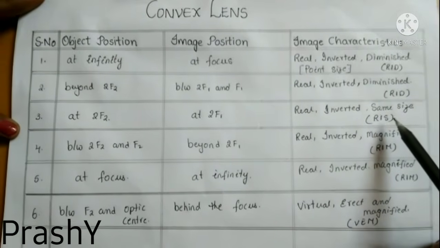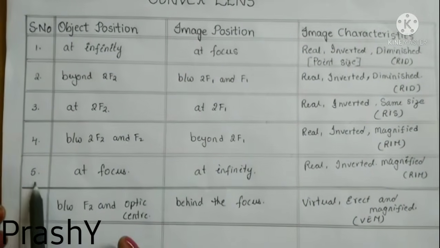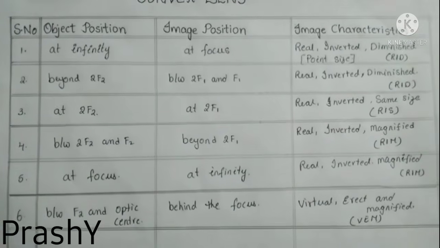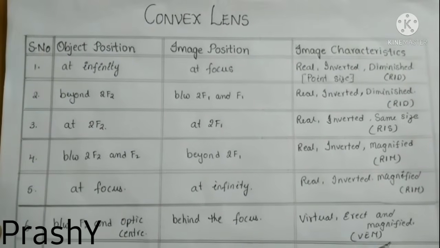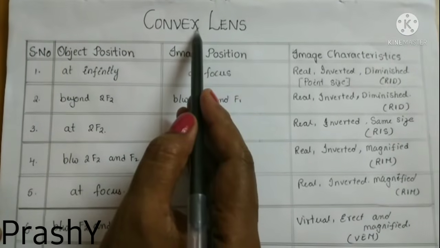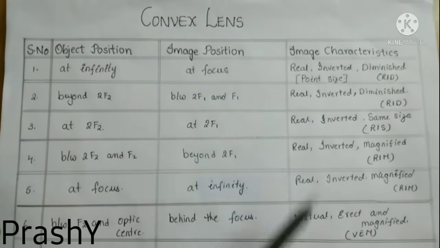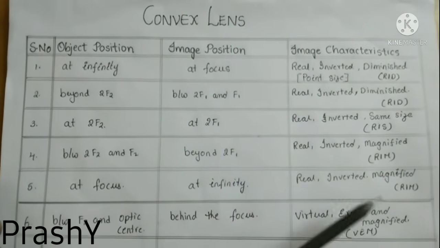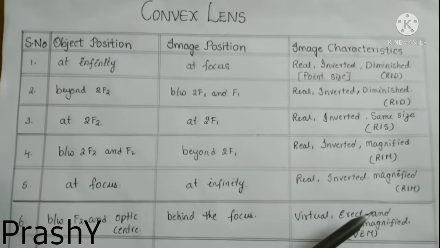Third case we are getting same size, and 4 and 5 cases as magnified image, and finally 6th case we are getting virtual, erect and magnified images. So from this we can say that convex lens can form both real and virtual images and both diminished and magnified images.